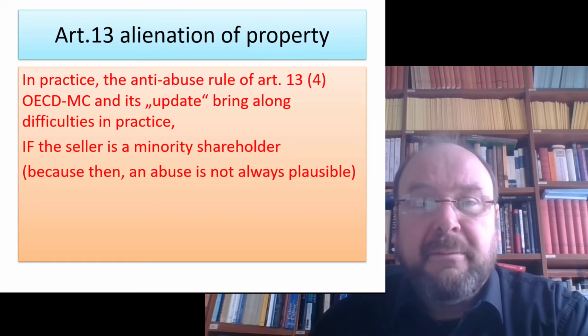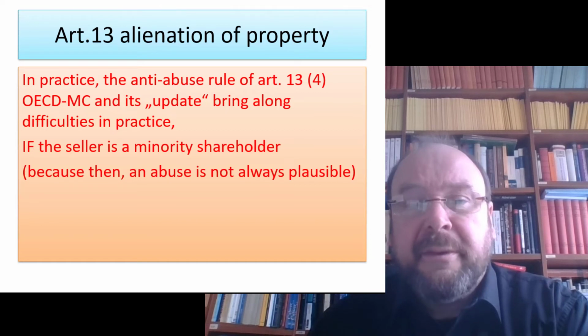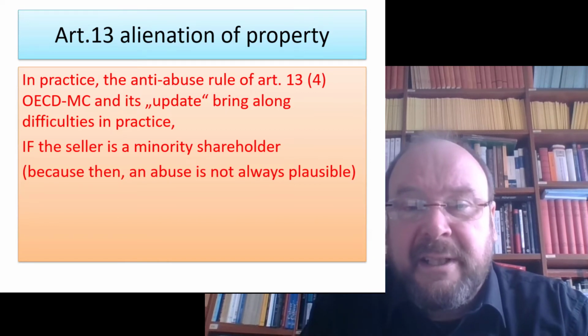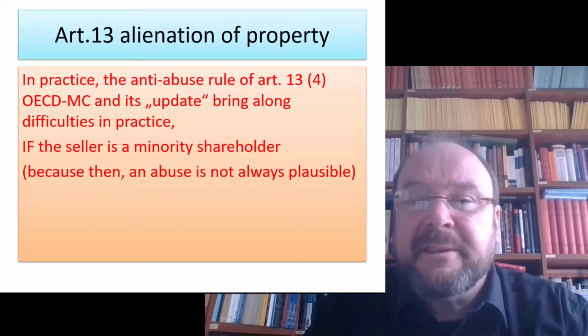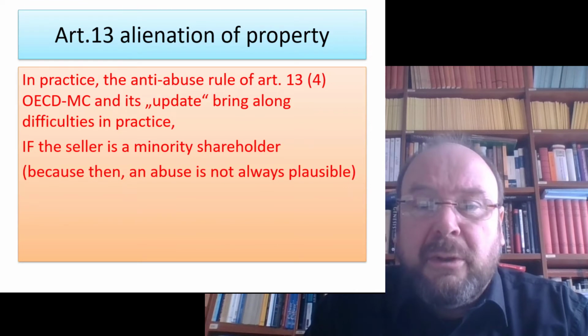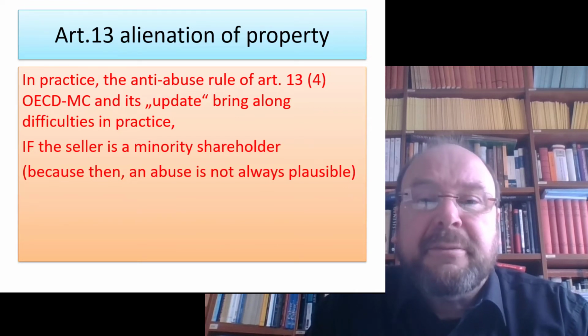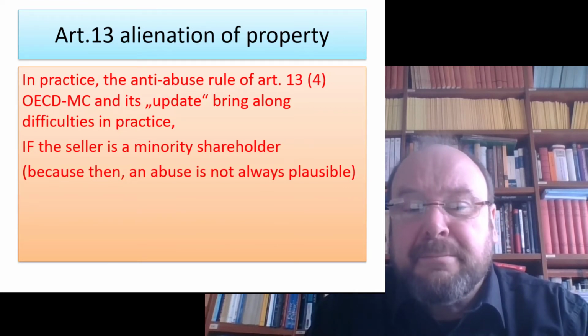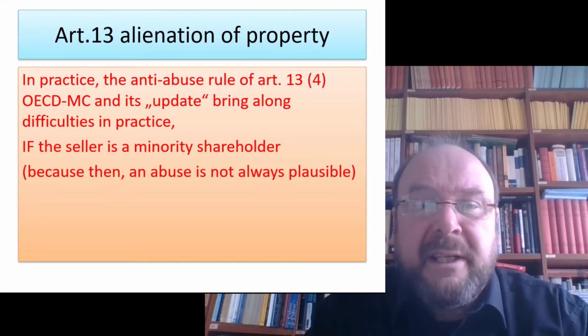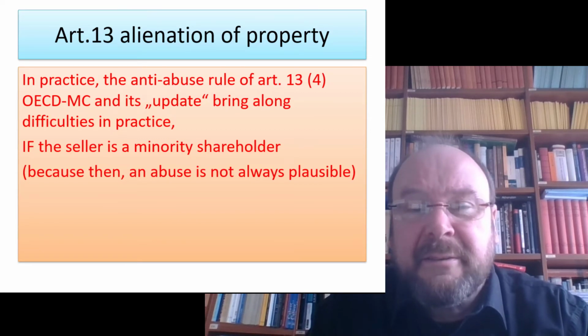Imagine, for example, the events which I just outlined, that a company has one house in state A, later buys a second house in state B, and you only have 5 or 10% as a shareholder, then it's sometimes not plausible that you will be able to get the necessary information to hand in a correct tax declaration.